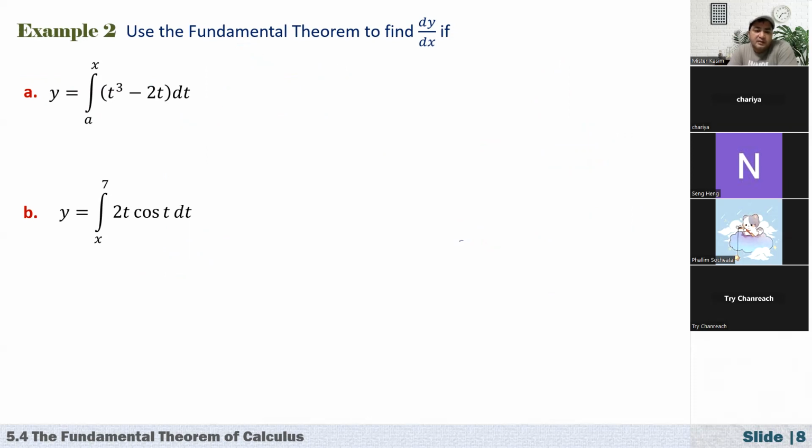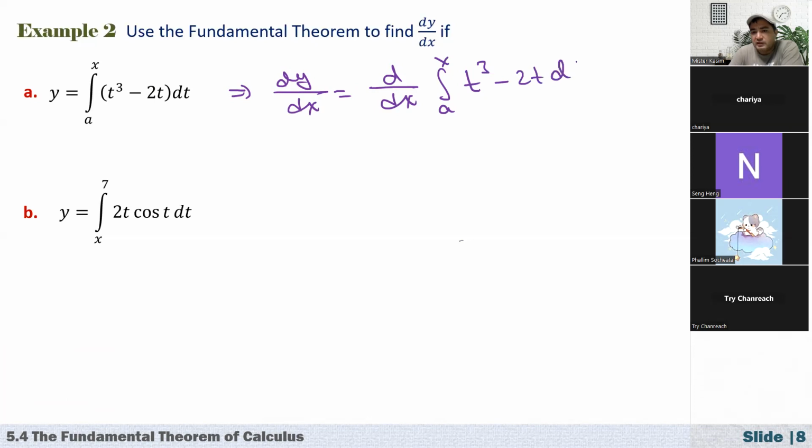Let's use the fundamental theorem to find dy dx if y is equal to the integral from a to x of t cubed minus 2t dt.